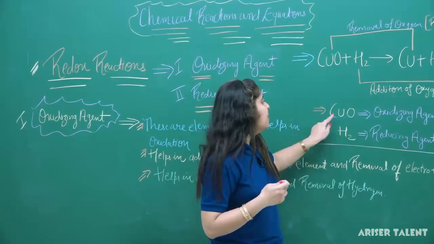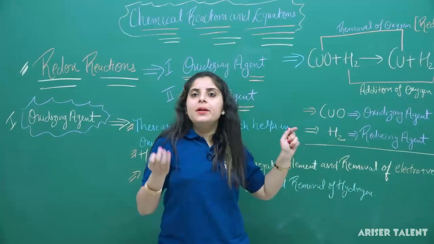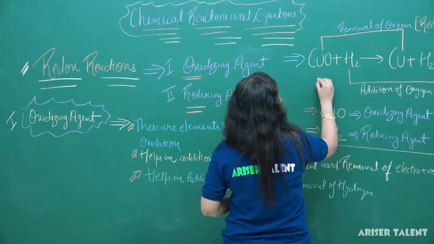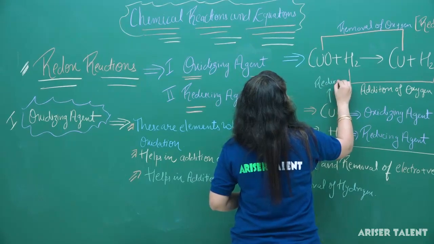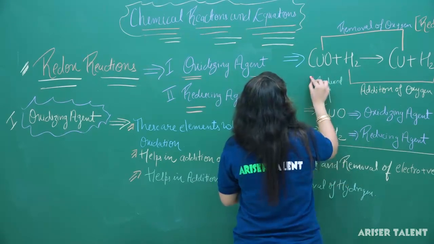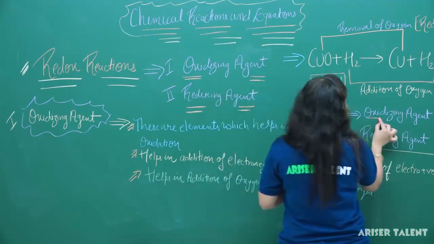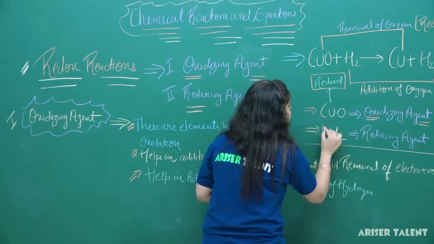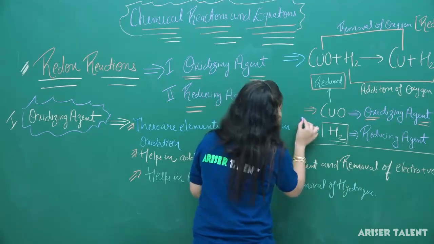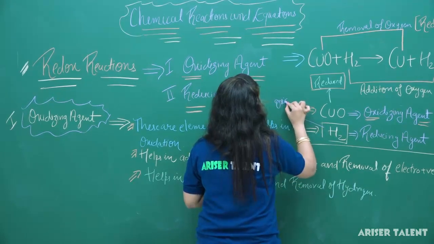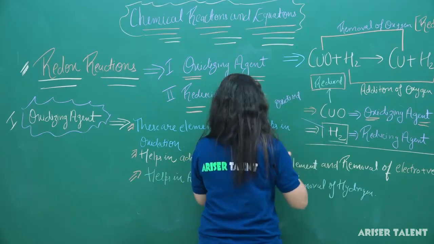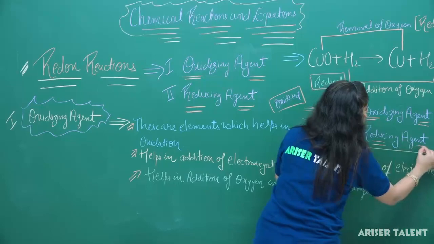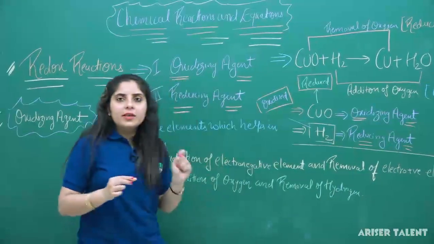Here I am saying that CuO is an oxidizing agent, but it itself gets reduced. So if the element gets reduced, we can call it an oxidizing agent. If it is oxidized, here H2 is oxidized, so we can call it a reducing agent. It will be the opposite of each other.